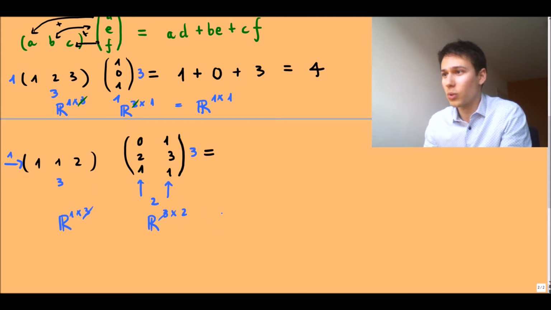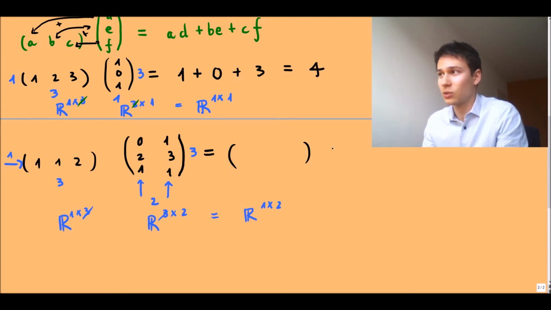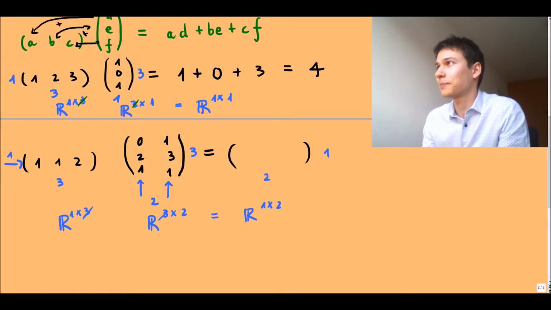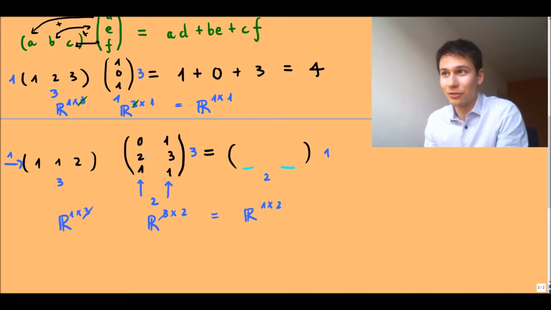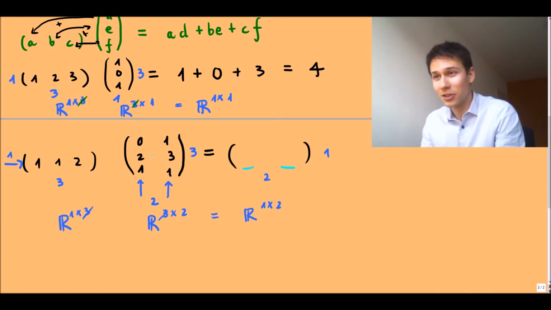The 3 goes away. We are left with an R1 cross 2 object, which would look like this. So it has 1 row and 2 columns. So we need 2 entries. That's exactly what we want because we have 2 scalar products, right? Or 2 matrix multiplications between a lying and a standing vector.